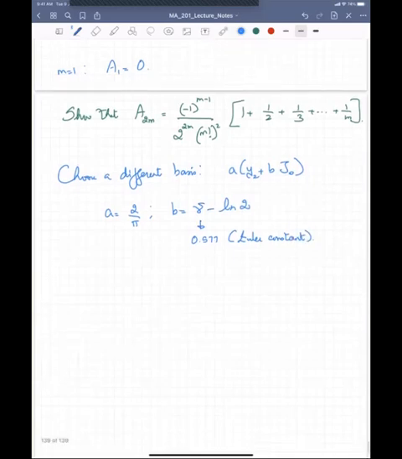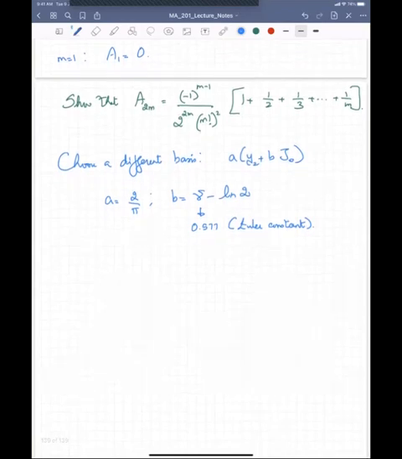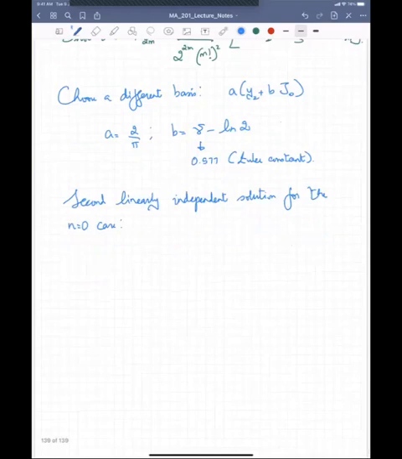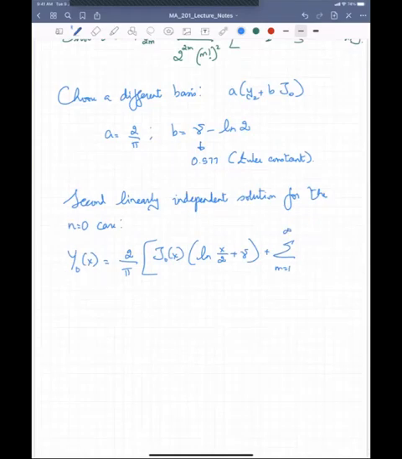Euler constant. So putting everything together, you can write down the second linearly independent solution for the n equal to 0 case, and this is given by Y0 of x, equals J0 of x times logarithm x by 2 plus gamma, plus the sum from m equals 1 to infinity of minus 1 to the m minus 1 H_m divided by 2 to the 2m m factorial whole square, times x to the 2m.